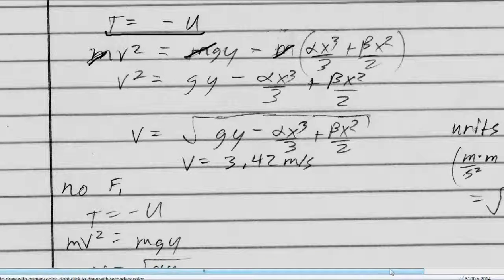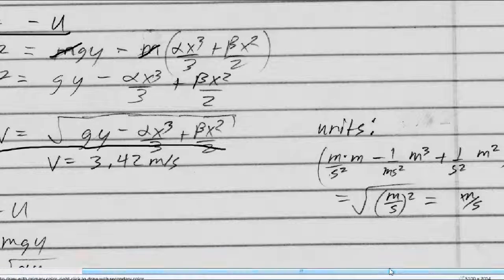And we can check the units of this equation here. So g is meters per second squared times meters, and then minus, the units for alpha are 1 over meters second squared, and x cubed would be meters cubed, plus the units for beta are 1 over second squared times meters squared.